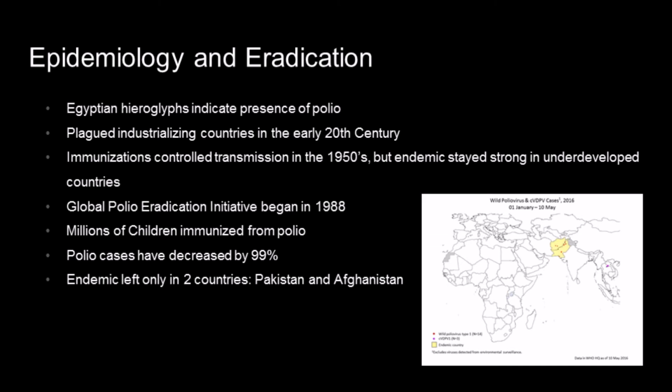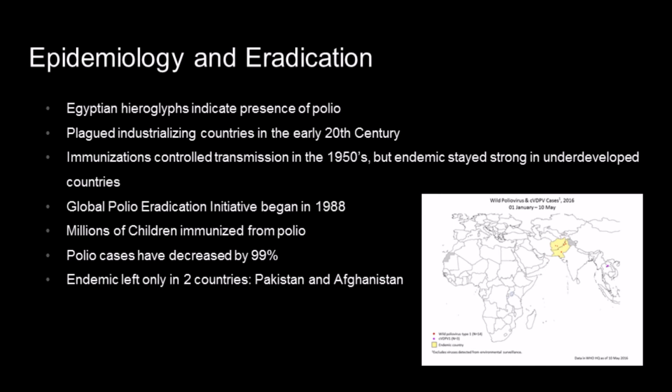Efforts were made to create vaccines for this in the early 1950s and 1960s. Immunizations controlled the transmission of the disease in the more developed countries, but in underdeveloped and developing countries, it still was a major issue until 1988.